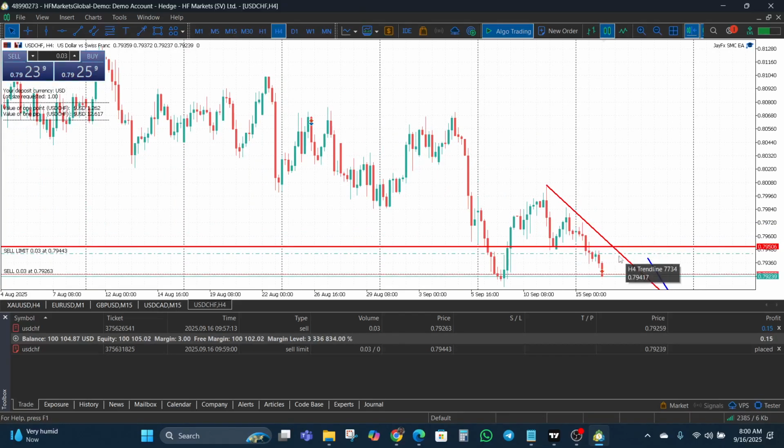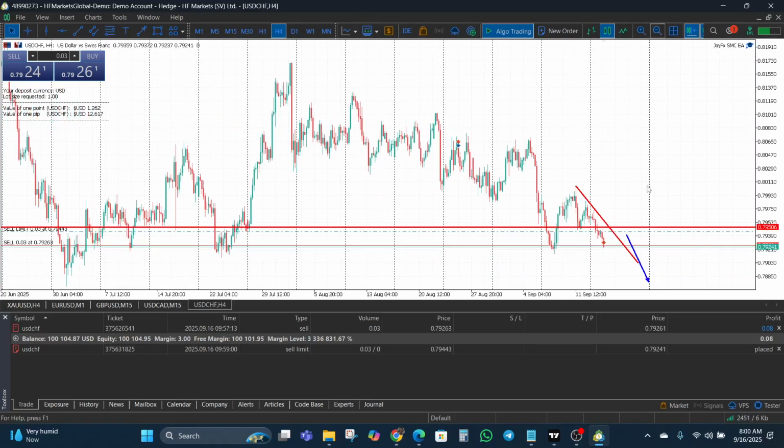All right. We are in a sell trend. Price is respecting this bearish trend line. But then I wonder, what if price eventually breaks out of this bearish trend line? If price breaks out of this bearish trend line and this newly formed resistance turns into a support, we might have a bullish move, right?